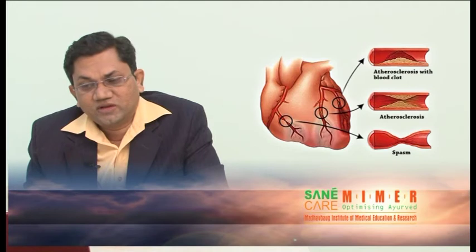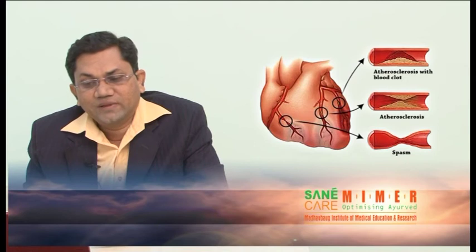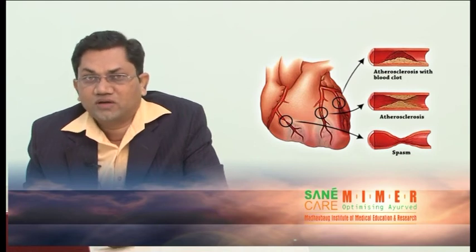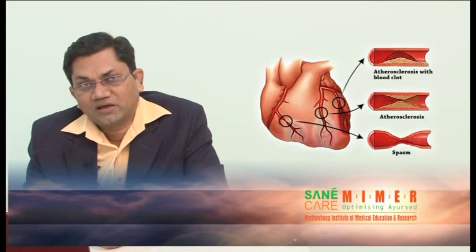In another picture we are seeing simple atherosclerosis without a clot, where only the lumen of the arterial wall is reduced, so obviously there will be a reduced amount of blood supply to the myocardium. In the third picture we are seeing spasm of the artery, with no atherosclerotic plaque.